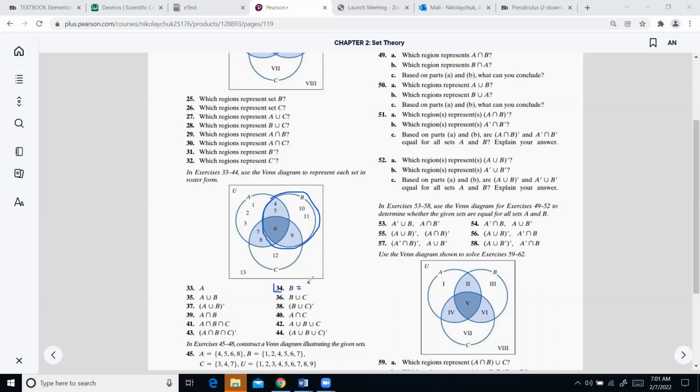You could just list everything covered by this set B. If I start with 4, 5, 6, although it doesn't really matter in what order you list them, because the set is still going to be unchanged.